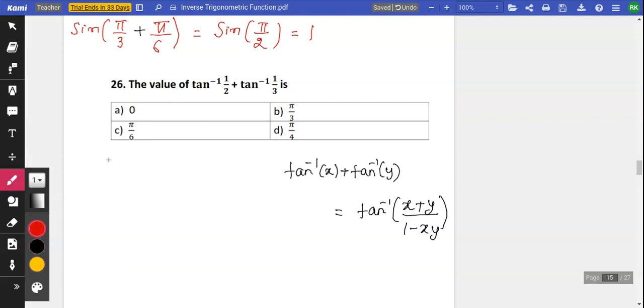Now using this formula in this question, here x is 1 by 2 and y is 1 by 3. This is x, this is y. By applying this formula, it becomes 1 by 2 plus 1 by 3 upon 1 minus 1 by 2 multiply 1 by 3.